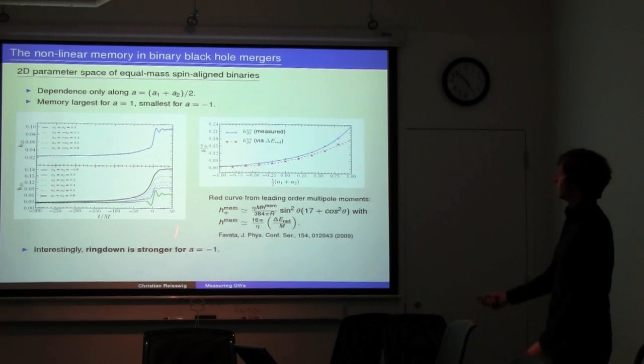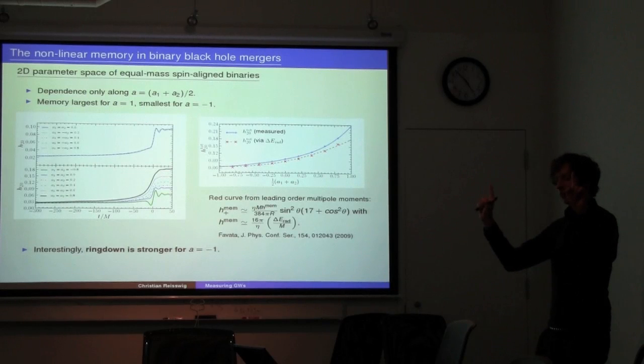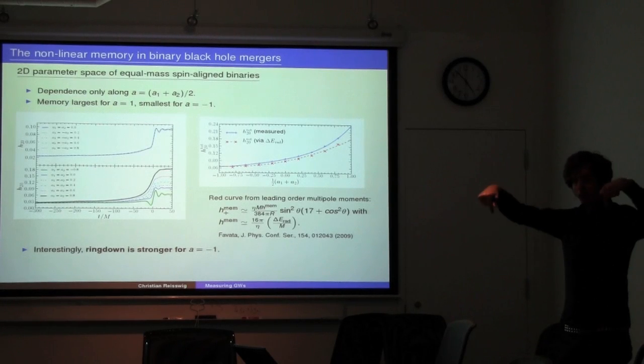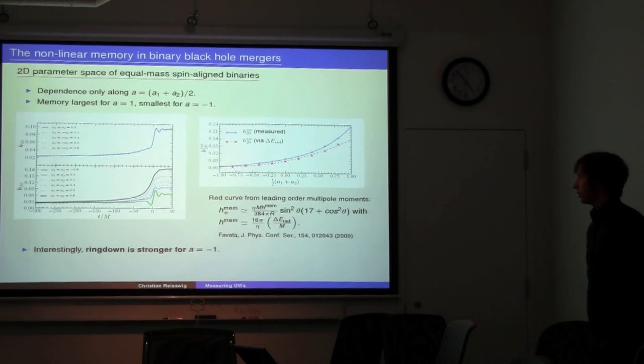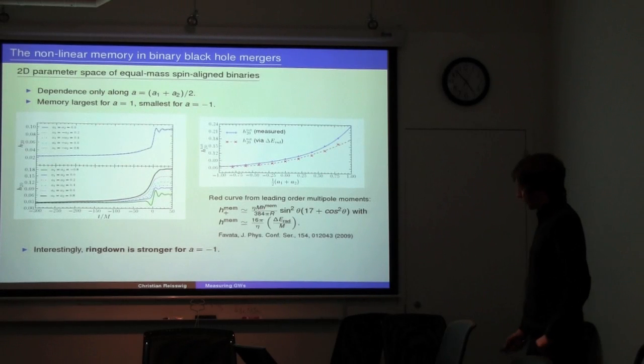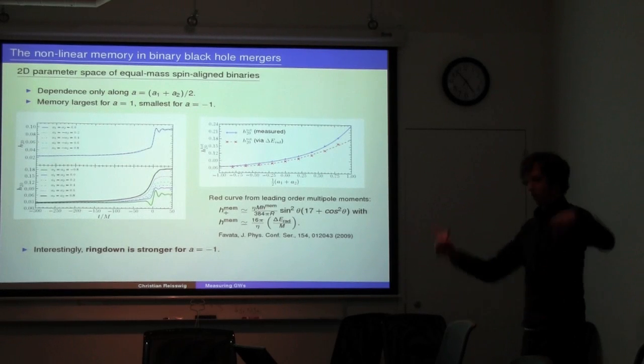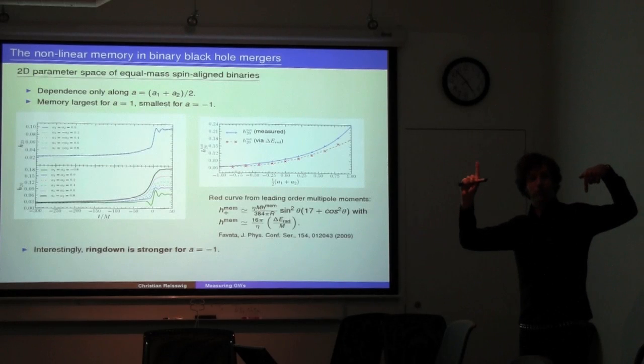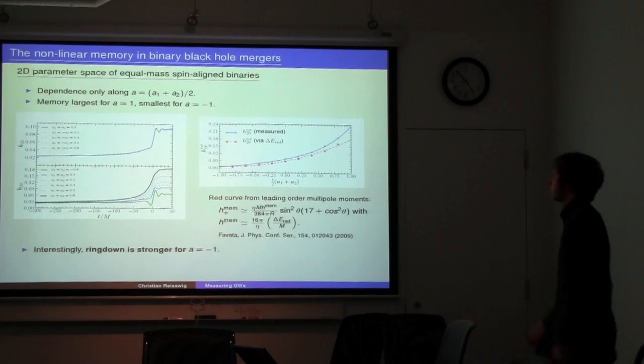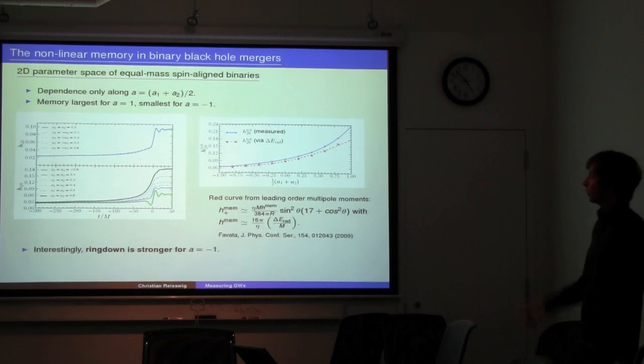And memory is largest for maximally aligned spinning black holes with this configuration, and it's smallest for these configurations. And interestingly, it's constant for all configurations that have equal spin but opposite direction of the spin.